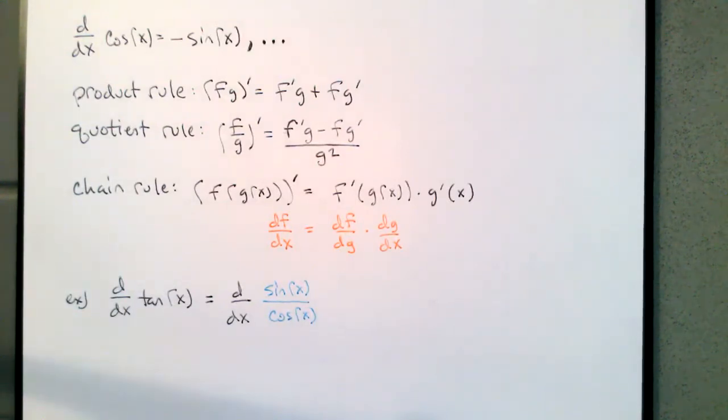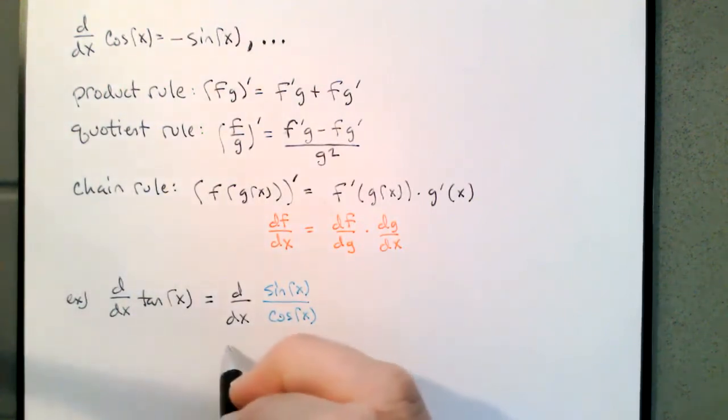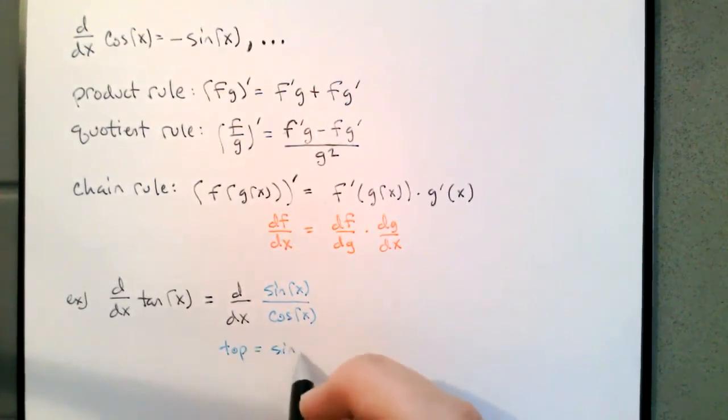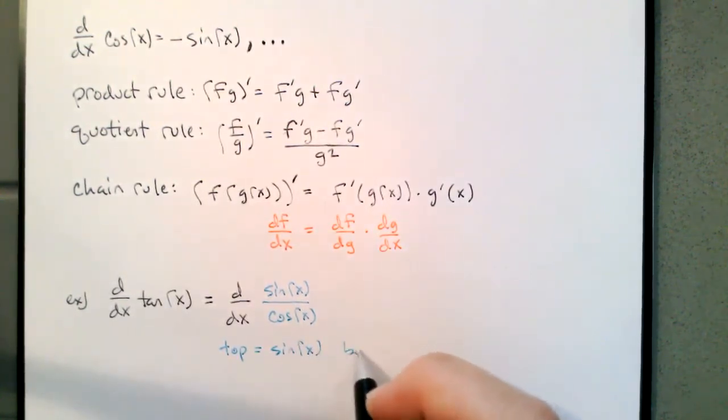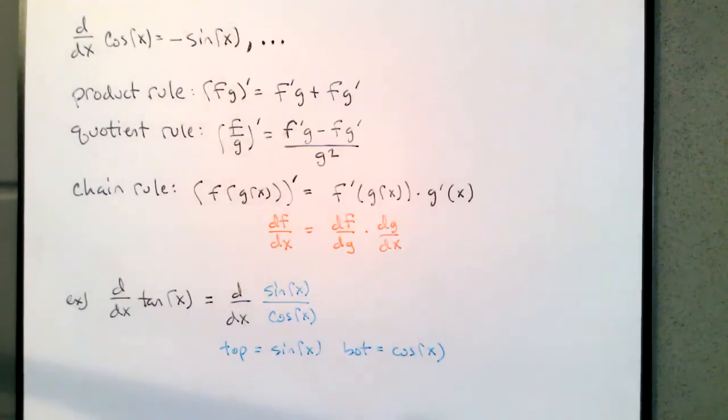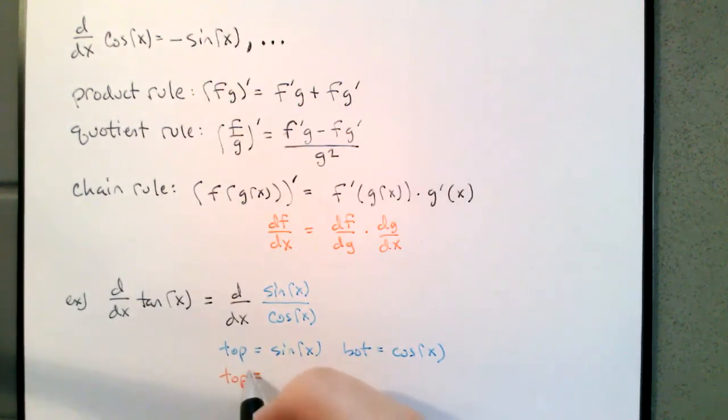So the quotient rule has a top and a bottom. So the top is sine x. And the bottom will be cosine x. Then I will need the derivative of the top and the derivative of the bottom. So the derivative of the top, sine is one of our basic derivatives.